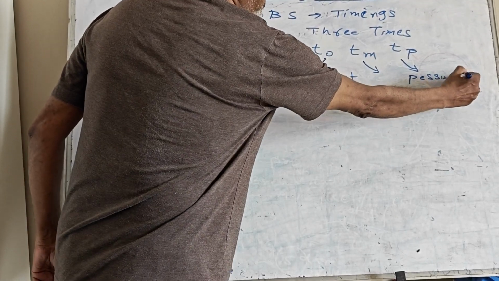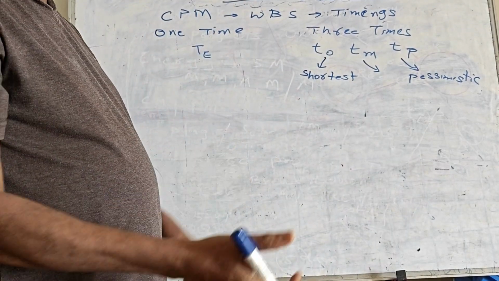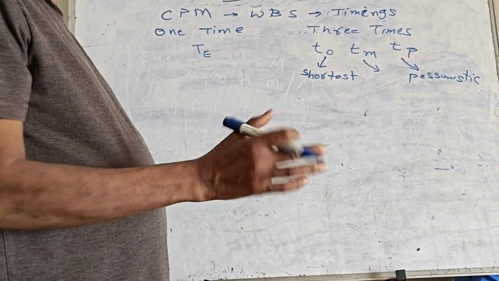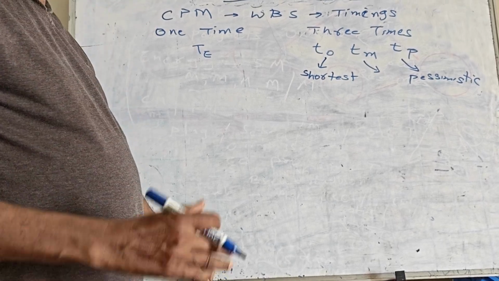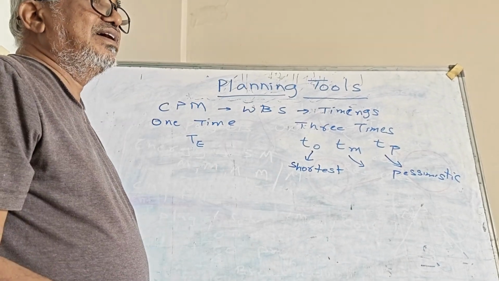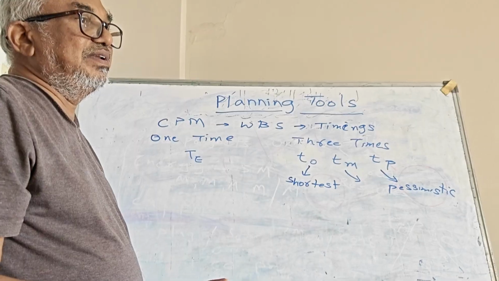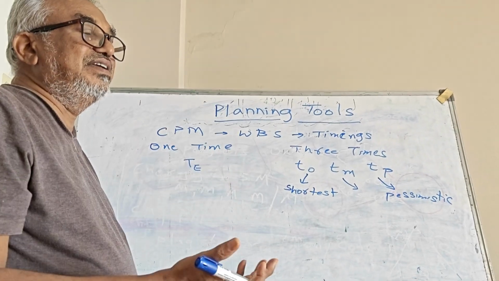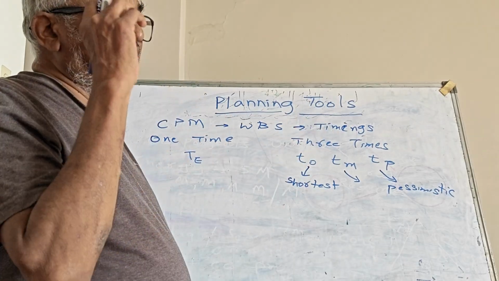Now pessimistic time means everything goes not according to your plan. Everything goes in the worst way. Every activity will be delayed and every hurdle comes. For example, rainfall, flooding and wind, so many climatic things may happen. There may be strikes of the labor.